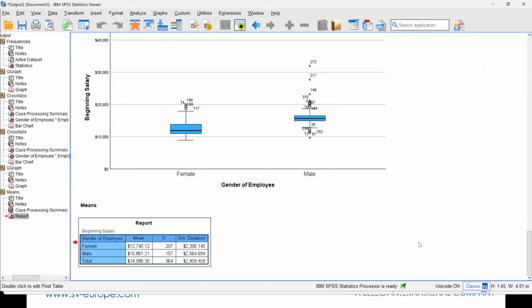We can see the average starting salary for female employees was 12,740, and for male employees, it's 15,861. So more than $3,000 higher. The standard deviation, the amount of spread within the two groups, is kind of comparable. They're kind of similar amounts. And there's 207 females in the clerical group and 157 males.